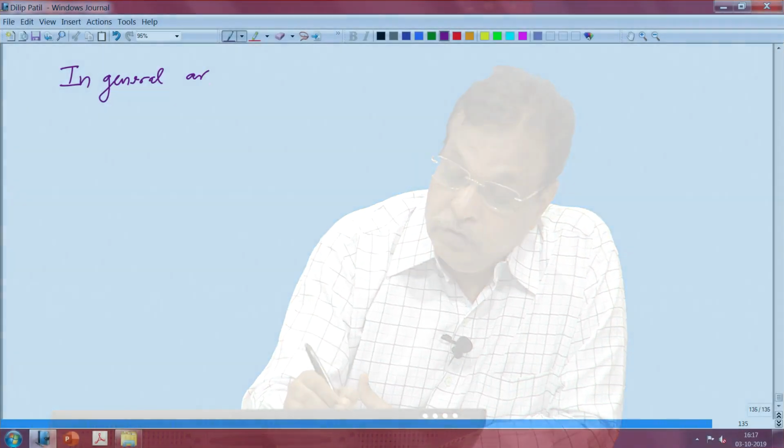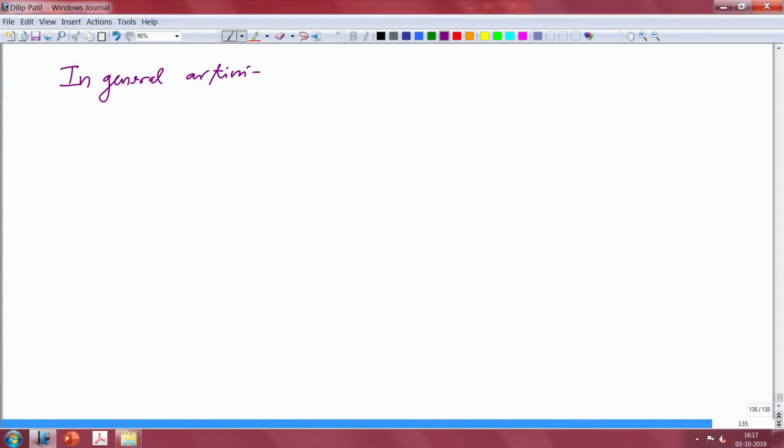Alright. So now one should ask a question: what is the relation between Noetherian modules and Artinian modules, whether one implies the other at least? In general, Artinian modules need not be Noetherian.